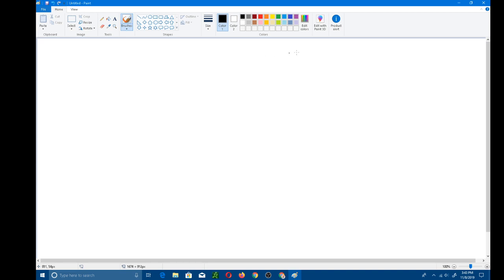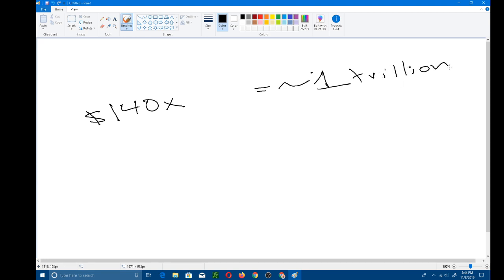Okay, so let's go back to the whole Microsoft thing. So let's just say, for the sake of reason, it's 139.39, so $140 is the cost of their share. So then we know that the company is worth nearly $1 trillion. Firstly, this number is pretty inconceivable, because no human being on Earth will ever be able to own this within the next 10 years, because it's just too insane.